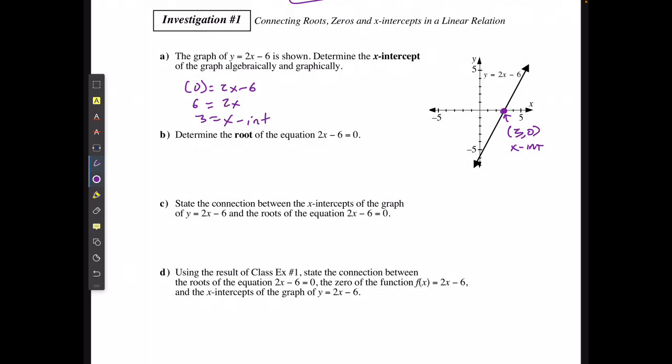If I'm determining the root of this equation, the equation only has one variable, so I'm just solving for x. In this case, I'm going to add 6 to both sides, divide by 2, and state that the root is 3.